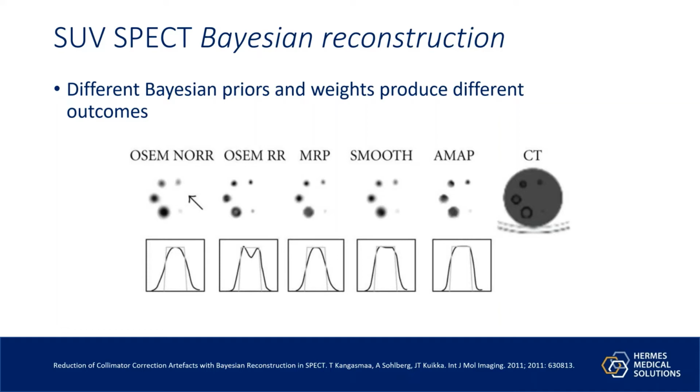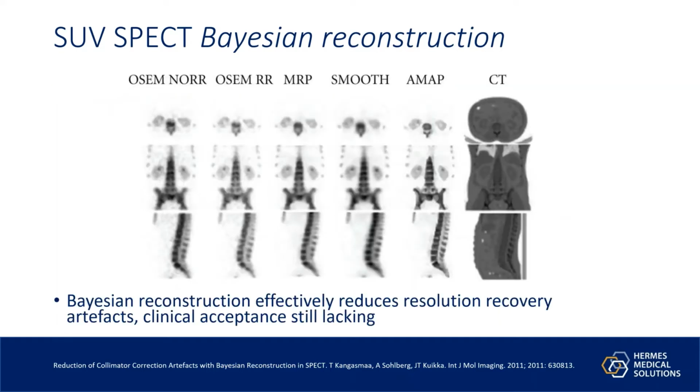Then with the resolution recovery, we see the Gibbs-like artifact with the dip in the middle. The next 3 are different types of Bayesian prior and weight. You can see there how they have slightly different feels to the image, and they recover the profile slightly differently each. And really the choice of which Bayesian option to use probably depends on what your reporting doctors would like to see and the kind of feel of the image, the kind of texture that it gives.